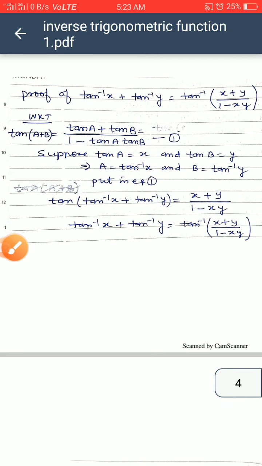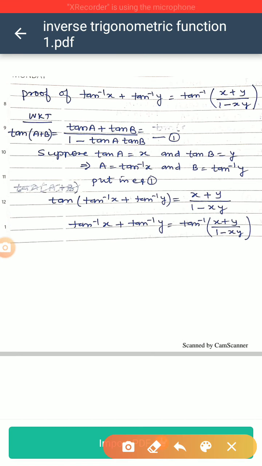Look here, now the proof of tan inverse x plus tan inverse y equal to tan inverse of x plus y upon 1 minus xy. How can we do it? Look here, this formula we already know: tan a plus b is equal to tan a plus tan b upon 1 minus tan a tan b.